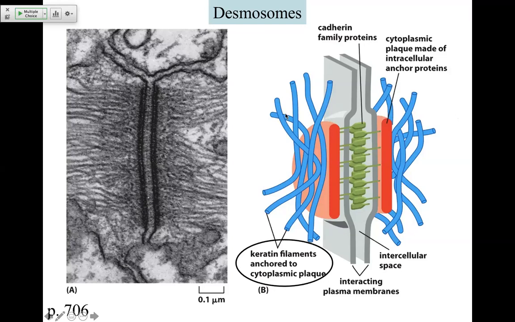The cytoskeletal keratins are within each of these neighboring cells, but in each cell, the intermediate filaments, the keratin, are bound to our red anchoring proteins. And those anchoring proteins are linked to our green transmembrane protein that we call a cadherin.